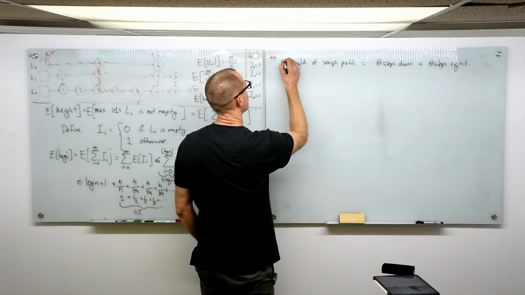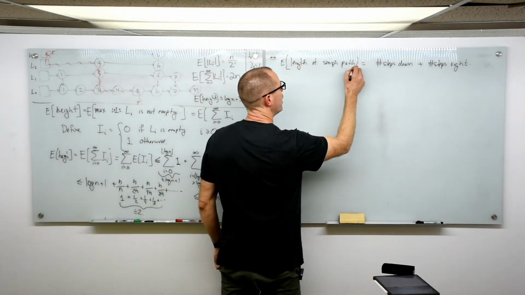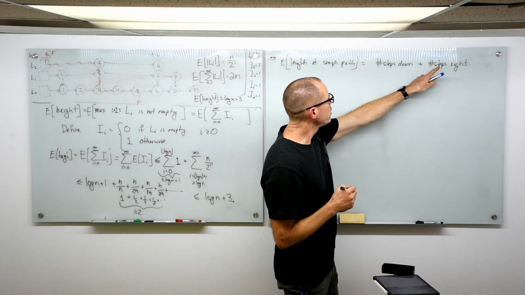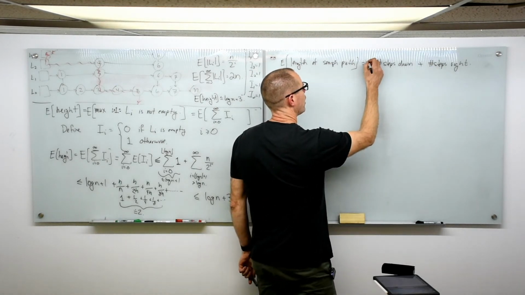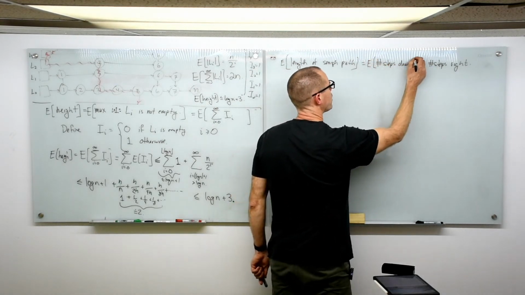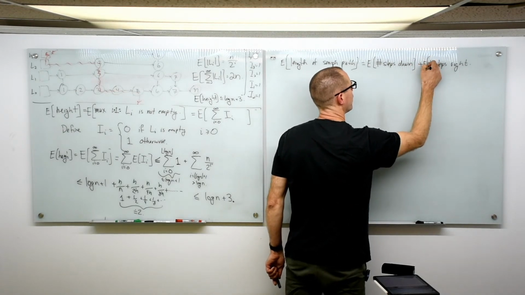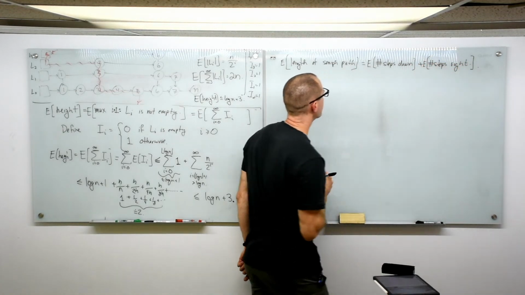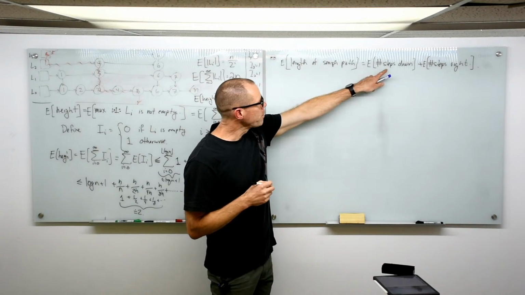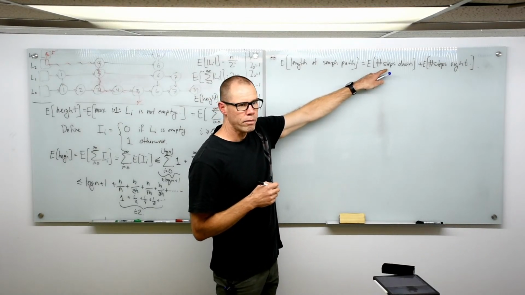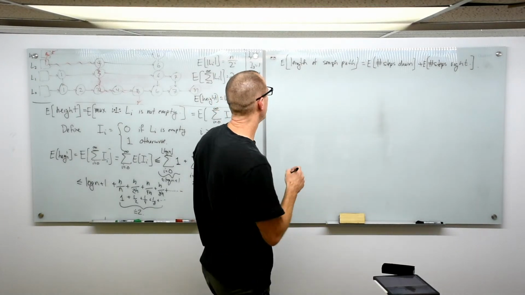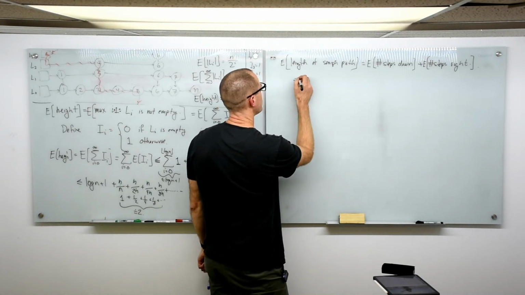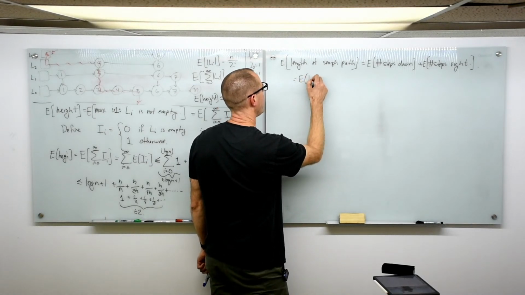So that means the expected length of the search path is the expected value of these two things, and I can use linearity of expectation. The number of steps down, I know. It's just the height of the skip list. So this is just equal to the expected height.